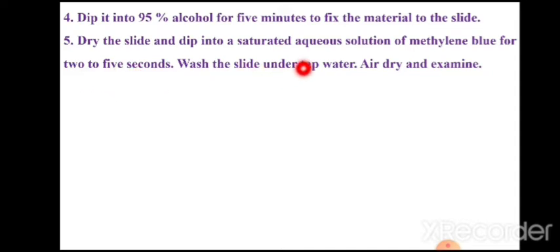So what will happen is that this methylene blue will stain bacteria, as well as the cytoplasmic inclusions of eukaryotic cells like the nucleus. So it will help us to identify the somatic cells or white blood cells.